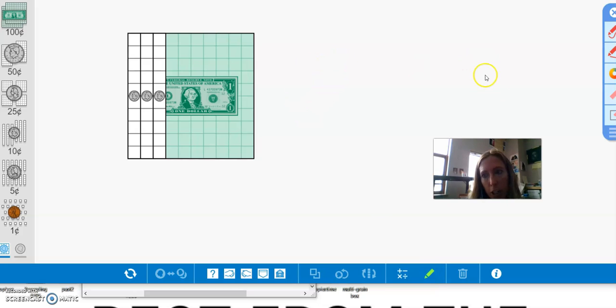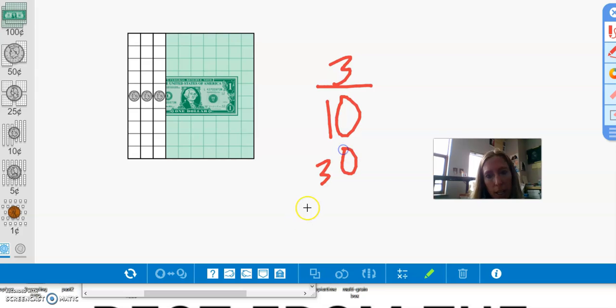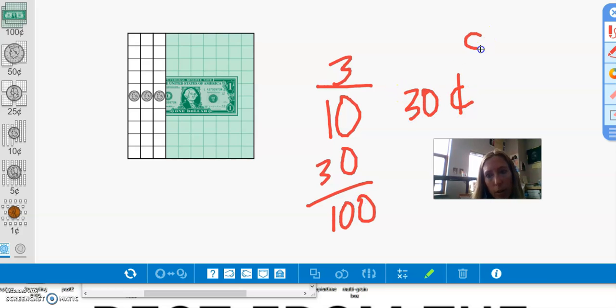Let's write it as a fraction of $1. So I'm going to write that that's 3/10ths of $1, or 30 hundredths of $1. And how do we write that in cents? That's going to be 30 cents, or we could write it with the dollar sign, $0.30.